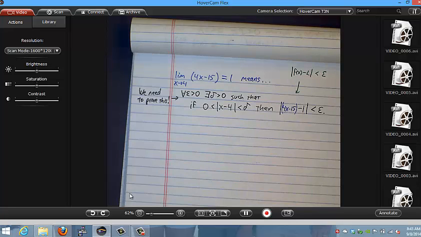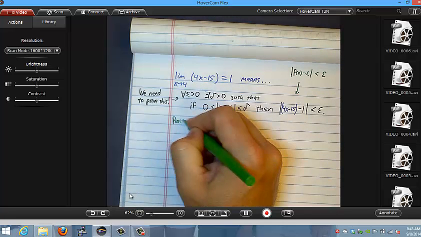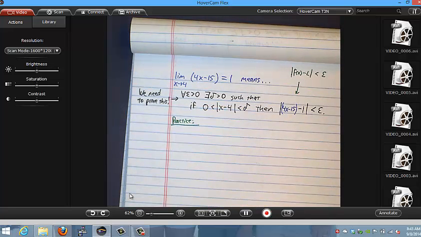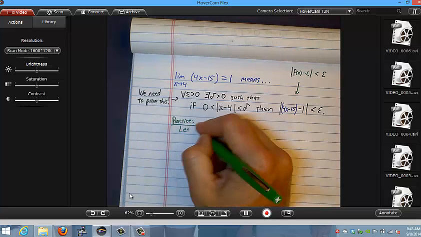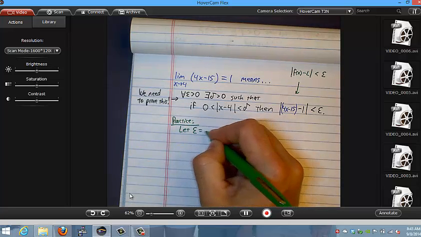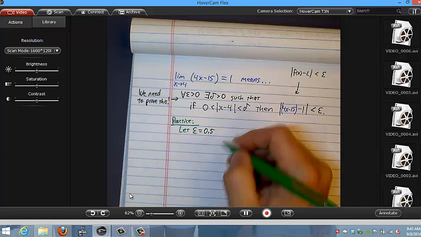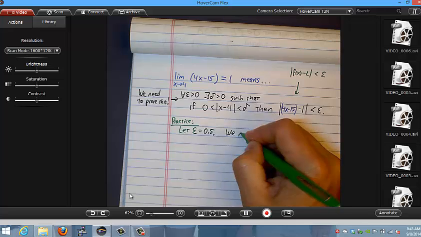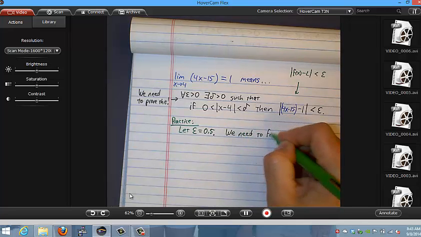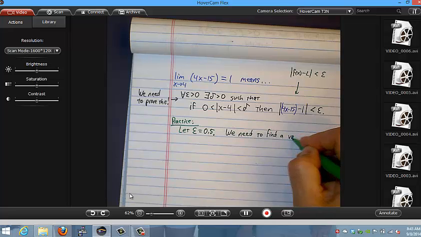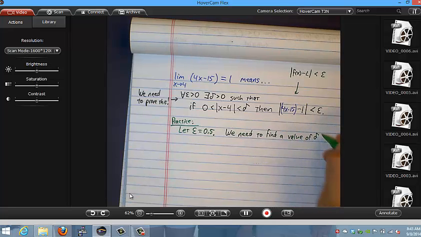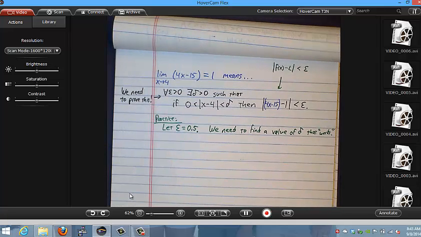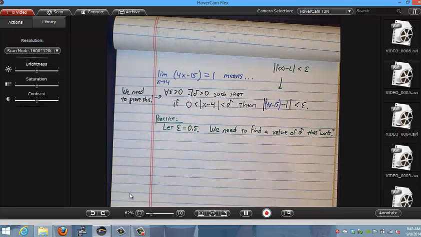Okay. So I'm going to call this practice. Let epsilon equal 0.5. We need to find a value of delta that, and I'll just put in quote, works. We need to find a value of delta that works. All right, I'll see if I can do that.